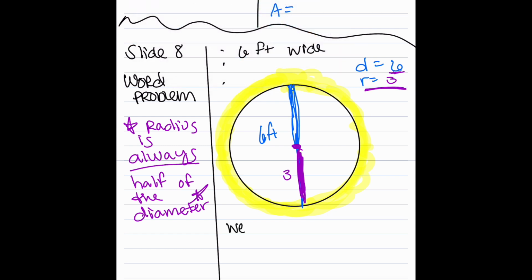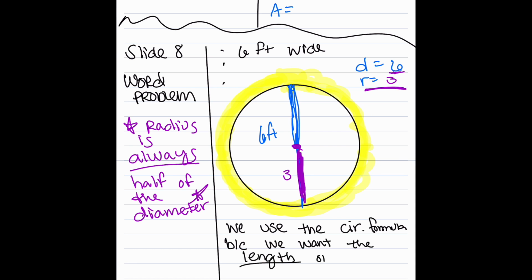We use the circumference formula because we want the length of the outside, the length of the perimeter of the circle. That's the same thing as the outside.